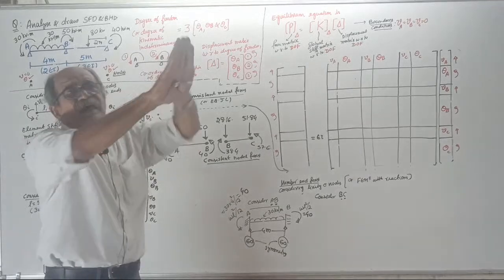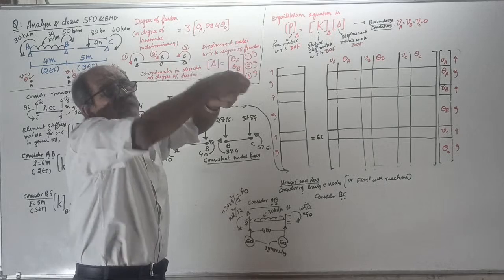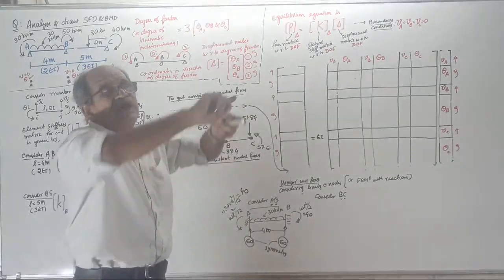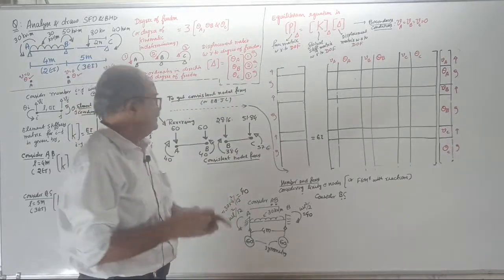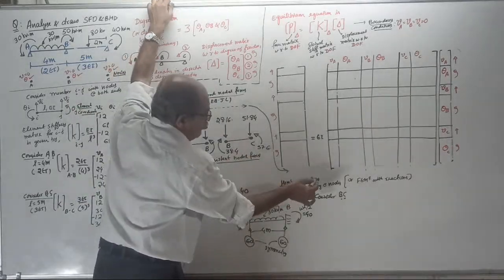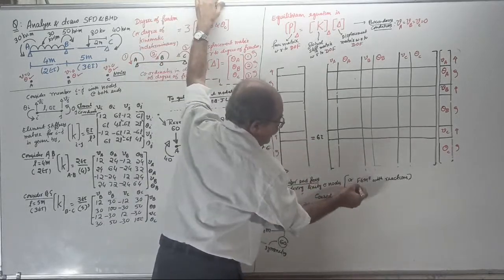Wherever a node is there, it should be taken as fixed. And you have to find member end forces or fixed end moments and reactions. So start. Member end forces considering fixity at nodes, or FEMs.